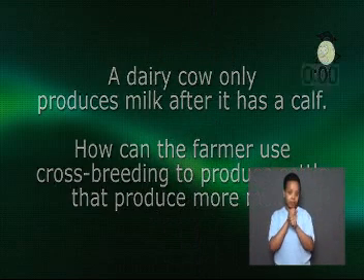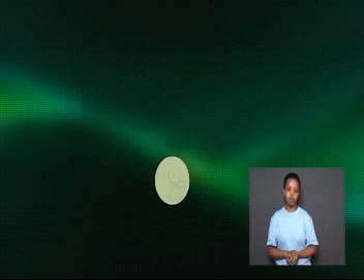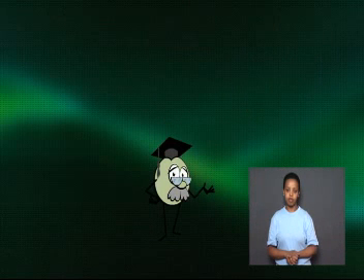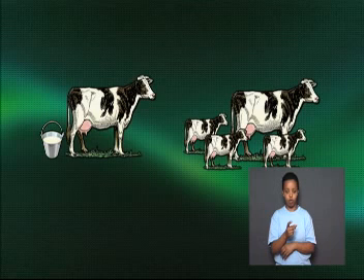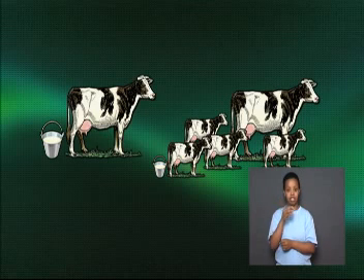Time's up. Let's get back to our lesson. Welcome back once more, students. One solution to the farmer's problem would be to take the breed of cow that produces a lot of milk and to cross it with a breed that produces a lot of calves.